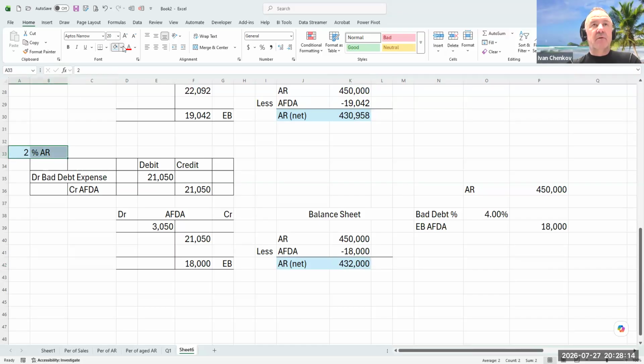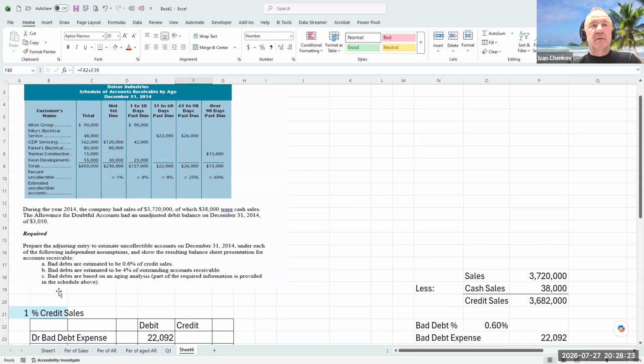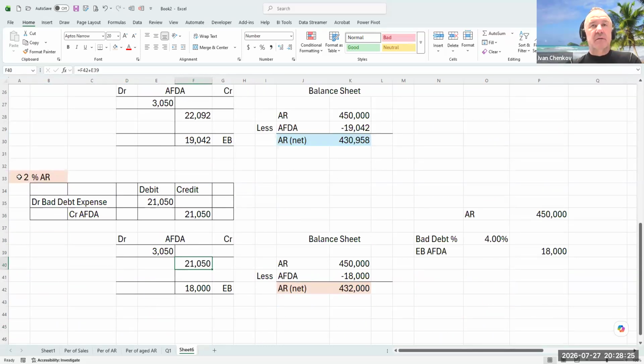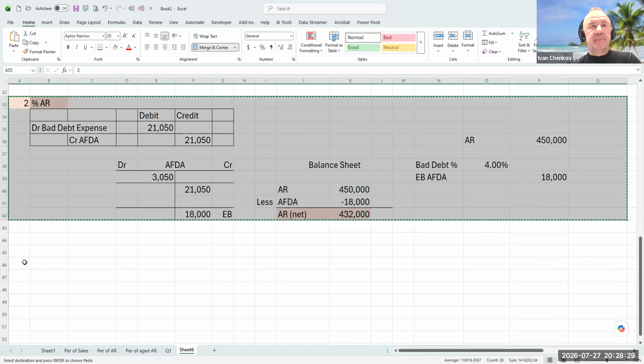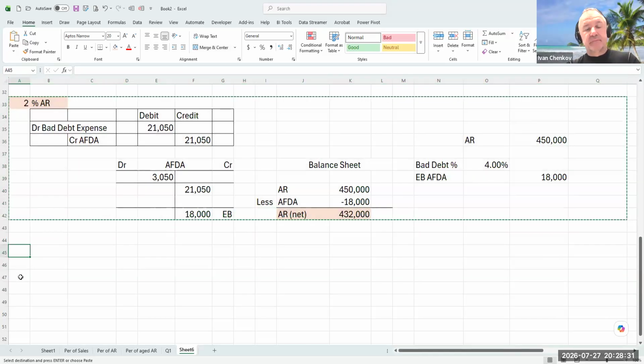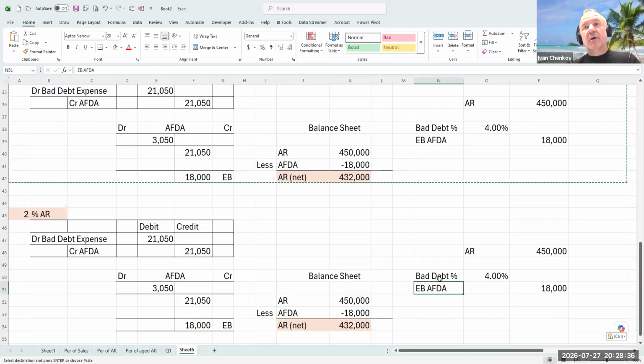Now let's see what our net accounts receivable will be if we're using the last method, which is the aging method. For the aging method, I'm still going to use this part here. Again, we're still going to calculate the ending balance of allowance for doubtful accounts, but now we have to do a little bit more complex calculation.